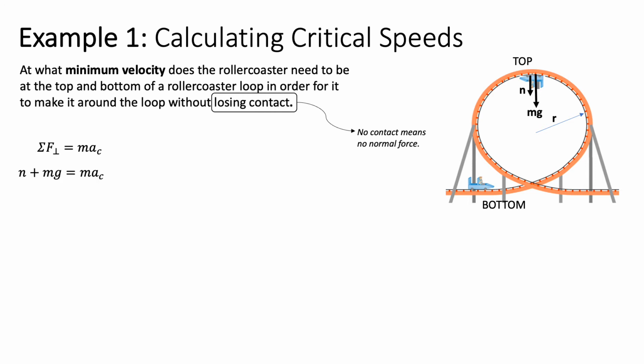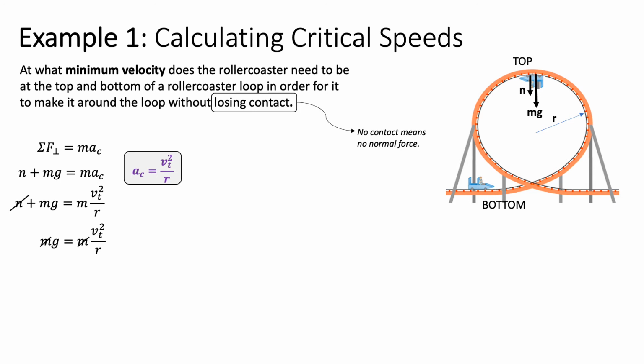So normally, the normal force and the weight are both contributing to the centripetal motion. And since it's centripetal motion, I can plug in the formula for centripetal acceleration. Now, if the track loses contact with the cart, that means the normal force is going to equal 0. And this is my equation.